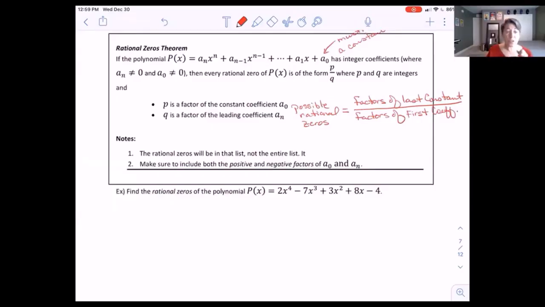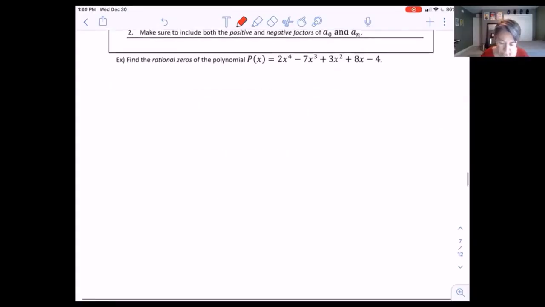A couple of notes here. First of all, the rational zeros will be in the list, but that doesn't mean that all of those numbers are actual zeros. It just means they'll be chosen from that list. And we also want to make sure that we include both the positive and negative factors of that first and last constant. Let's do this example here.